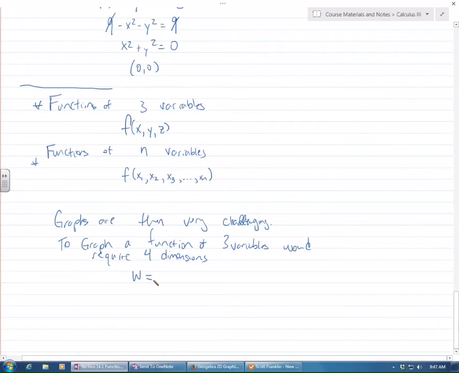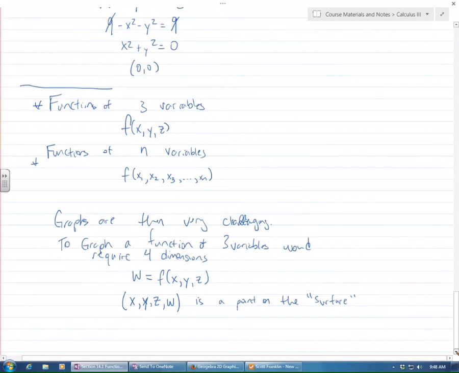Because you get w as the output for every x, y, z input. So you'd have to be able to graph a point (x, y, z, w) to be able to visualize it.